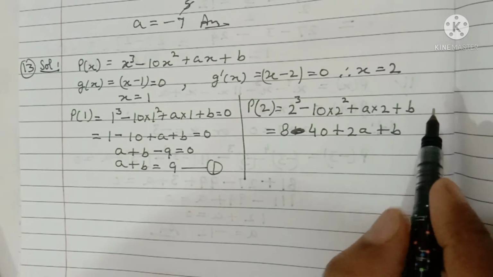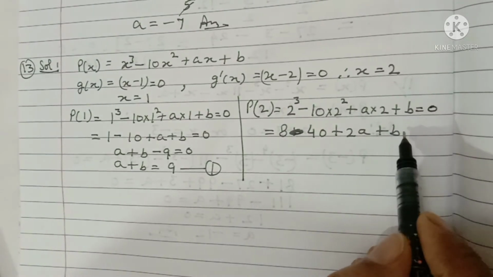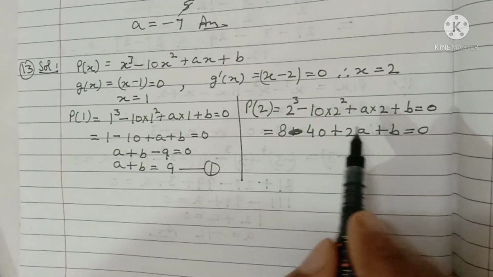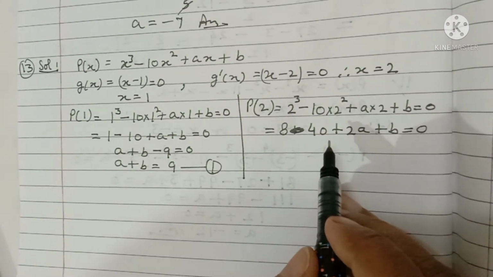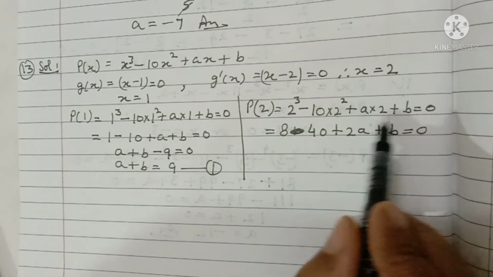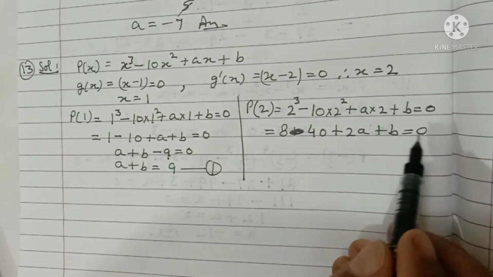Equate this equal to 0 because remainder is 0. Exactly divisible means no remainder is there, so you will put remainder equal to 0.